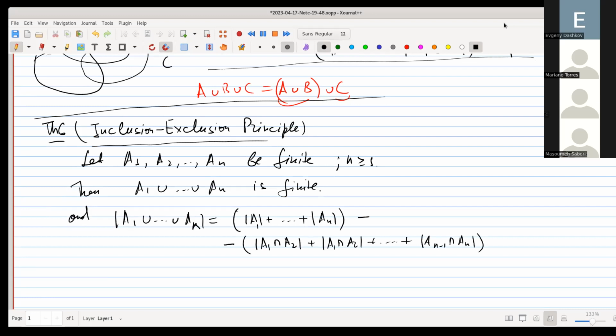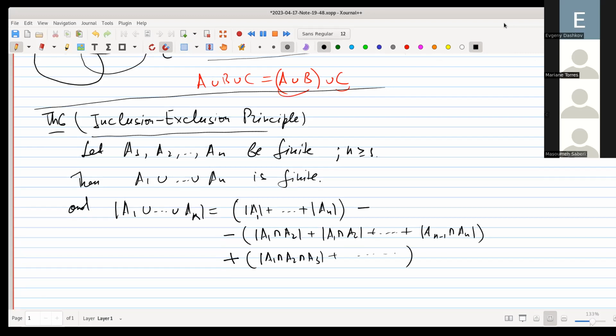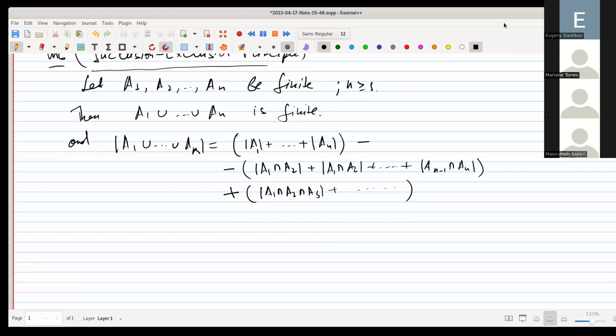Do you agree? Yes. What goes next? Plus the triples. Yes, for each triplet, we add its cardinality. What else?